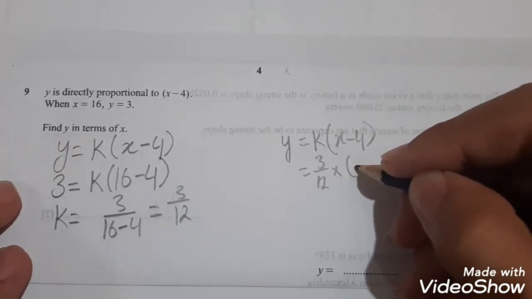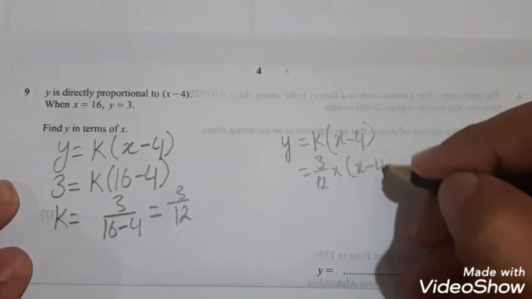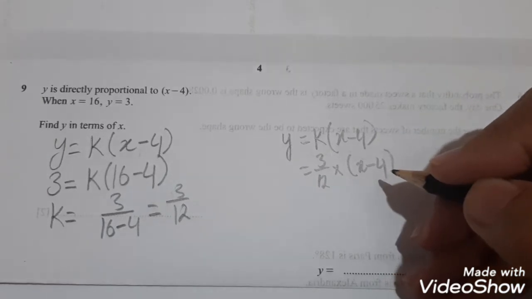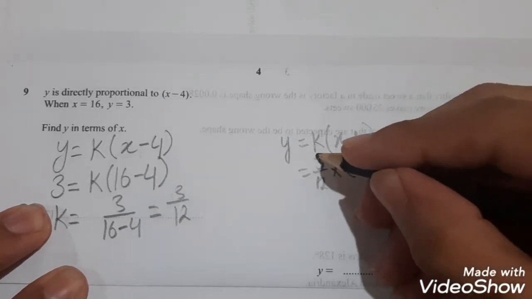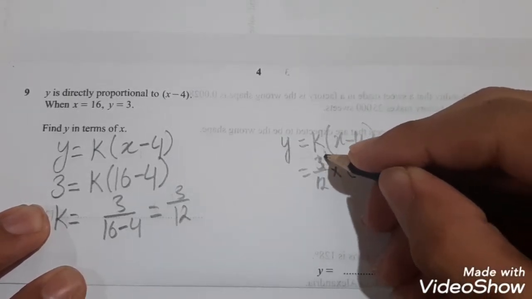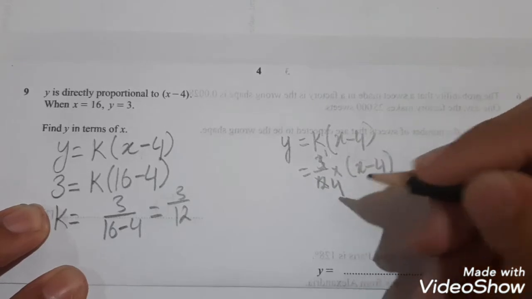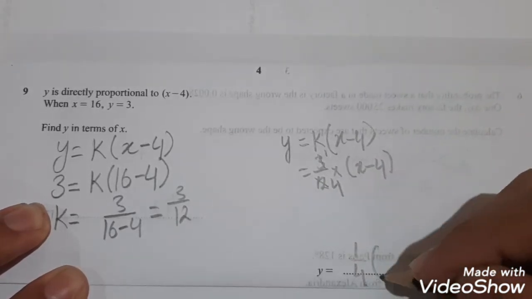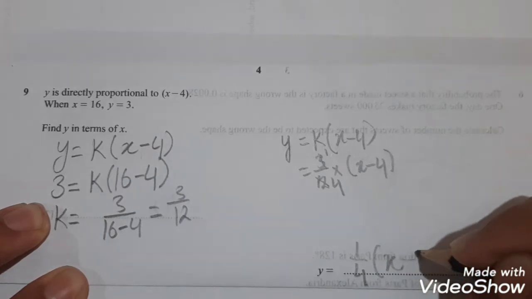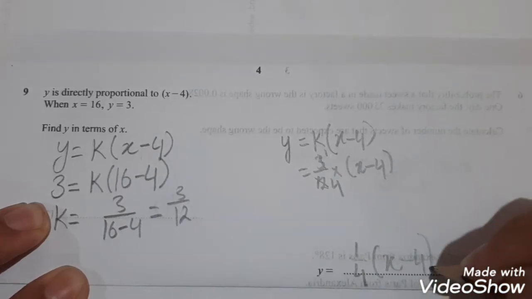So we will write x minus 4. We will simplify 3 over 12, which will be 1 over 4. So we'll write 1 over 4 multiplied by x minus 4 as our final answer.